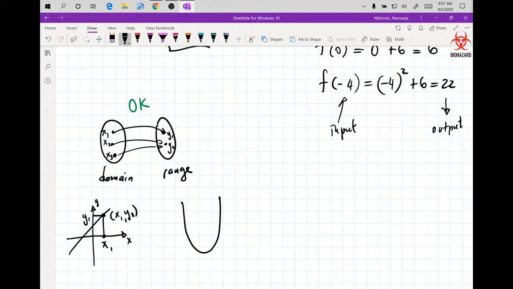That's going to be your x squared graph. That's a function as well. We see this x and this x, so x2 and x3 are producing the same y2.